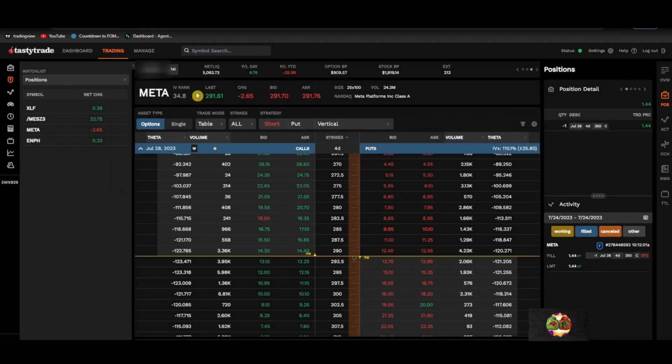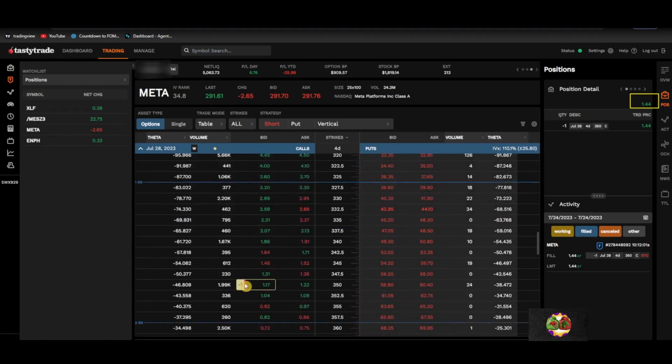All right, here is Meta, formerly known as Facebook. And you can see right here that I sold a call for $1.44 premium. I sold exactly one lot, so that means 100 shares.